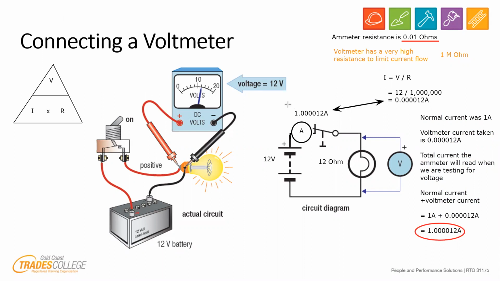You will notice that if I circle it in red, the new reading which the ammeter shows, the way we worked it out, is the same one I drew up here that the ammeter was reading. They are the same thing, okay? That's what it reads, that's why it reads it. So the voltmeter will take a tiny bit of current. It's what we call negligible, so we don't actually care, because it's not going to make any difference. That's a good voltmeter.